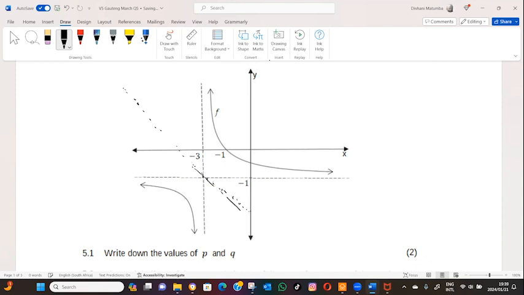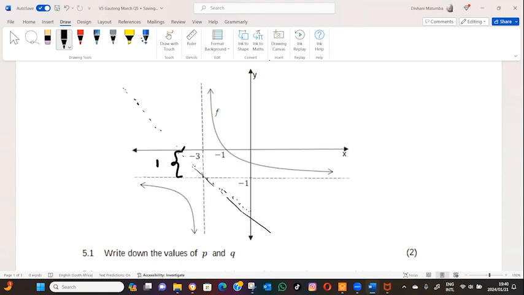It will go like that. What we know is that from here to there is actually a step of 1.